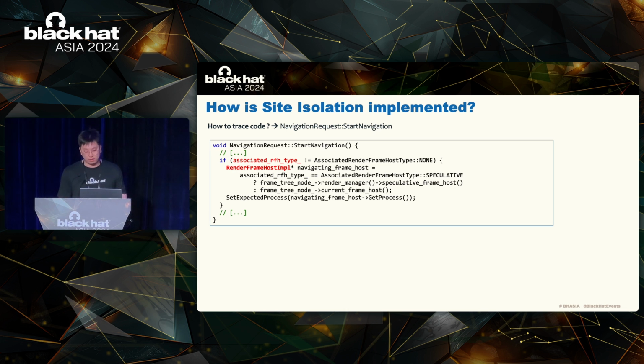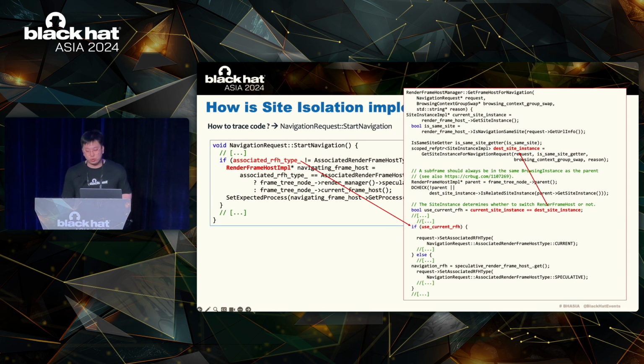Now we understand the principle of site isolation. Let's take a look at its implementation. We can find it in the StartNavigation method. We know that a RenderFrameHost represents a render process in the browser process. So during navigation, the renderer in which the new page is loaded will be determined based on the associated RFH type marked in red here.